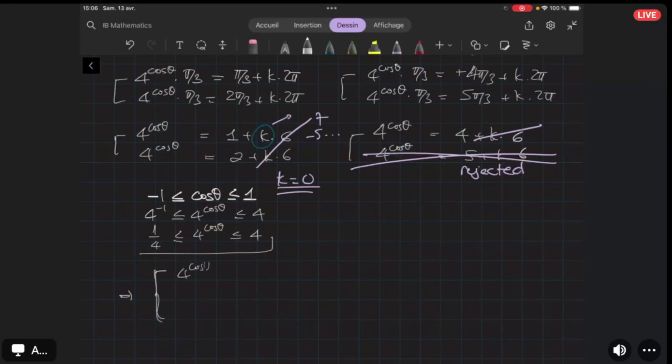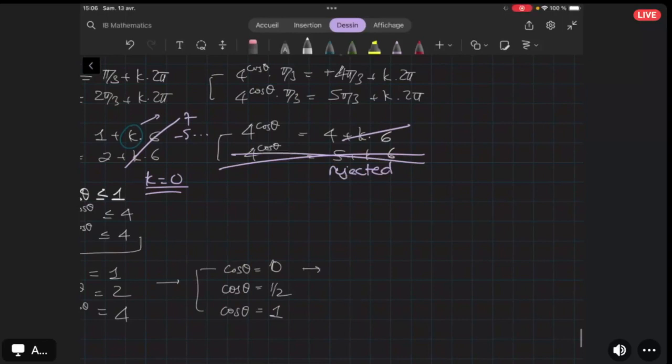This means that your problem now boils down to 3 equations: 4 to the cosine of theta is equal to 1, 4 to the cosine is equal to 2, and 4 to the cosine is equal to 4. That means cosine of theta is 0, or cosine is a half, or cosine is 1.